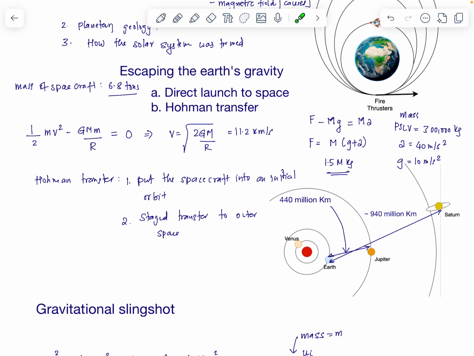Now, if you want to get to Saturn, you'll have to get to Jupiter and travel the same distance that you travel to Jupiter one more time to get to Saturn. So Saturn is extremely far. Any missions to Jupiter and particularly to Saturn have to be very carefully planned out, so that you make sure the spacecraft works properly.